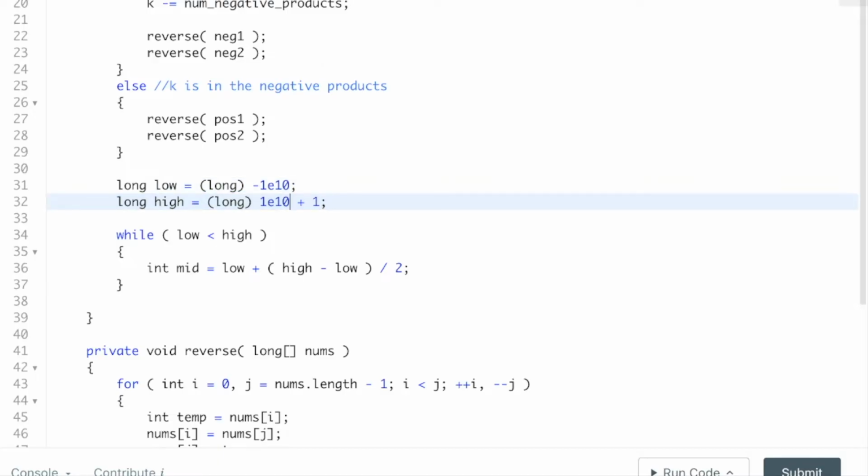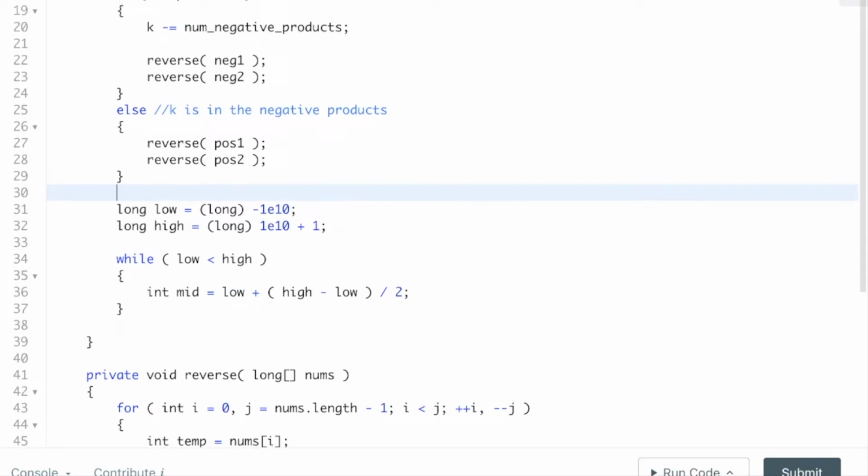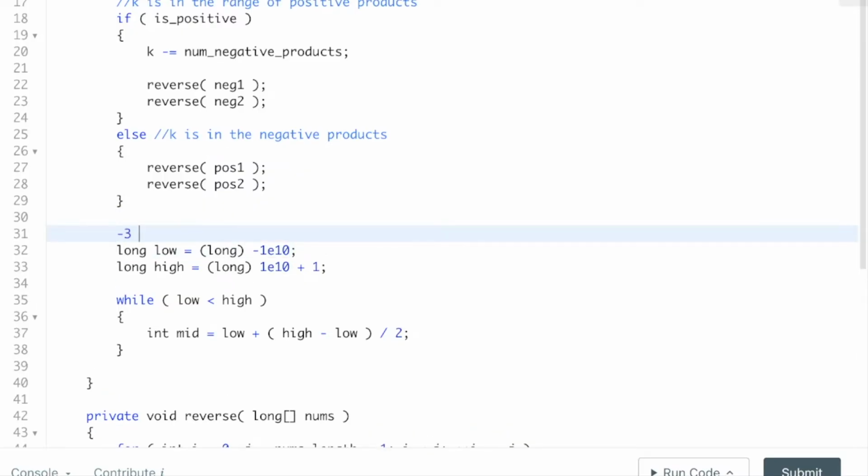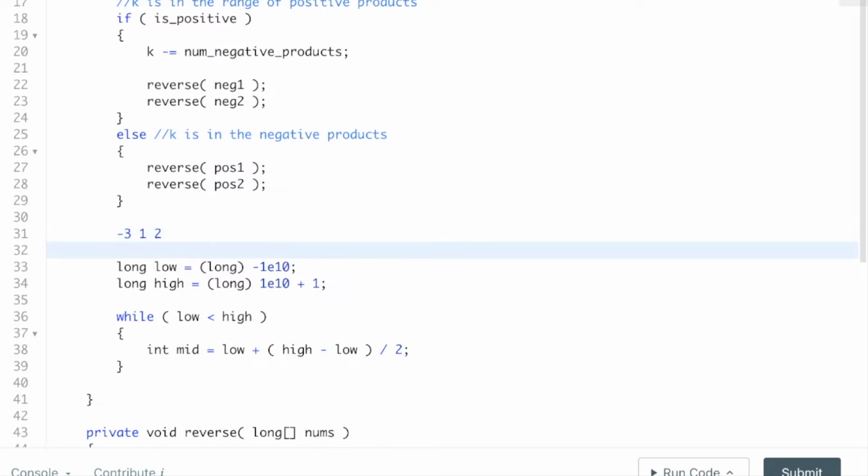Cool. And by the way, really quick, if we wanted to be super optimal about this, we could just find the minimum product in our nums1 and our nums2 arrays. Even though I'm hard coding this, let's say our nums1 was negative 3, 1, and 2, and our nums2 was 4, 8, and 9. If these were our two arrays, we would set low to negative 3 times 4, like negative 12.